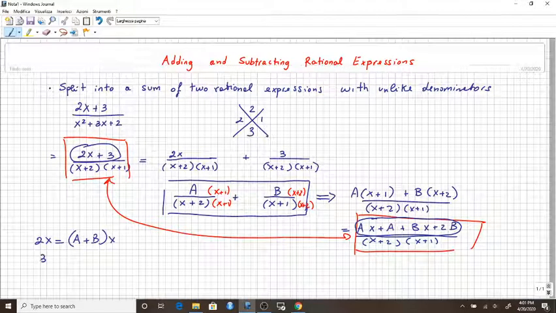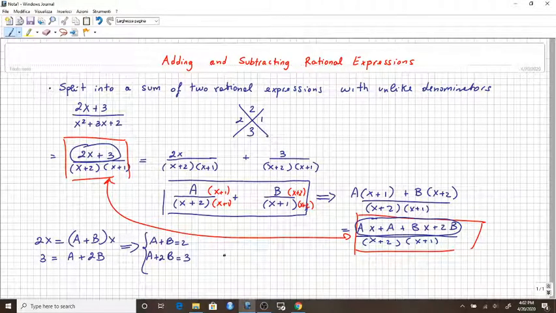So then the 3 must be equal to a plus 2b. Remember the goal is to find a and b. Well, that's just a system of equations. Now we can simplify the first one, because if 2x must be equal to a plus b times x, then you want that a plus b is equal to 2, and then you want that a plus 2b is equal to 3. So a 2 by 2 system of equations, we should be able to solve it.